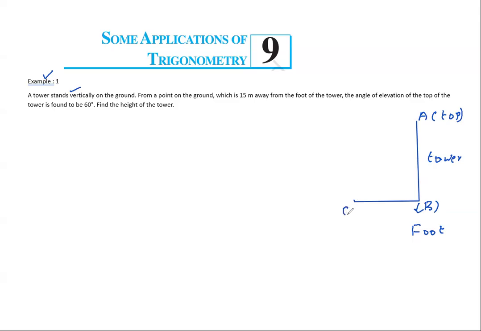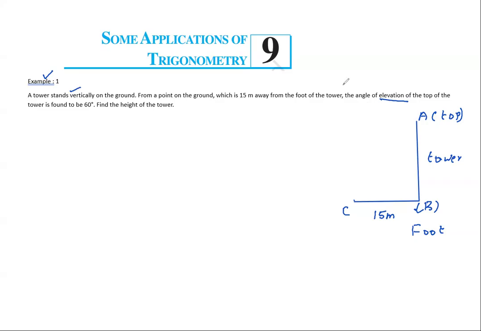Let me take this point. I'm going to name that one as C. So this is 15 meter. Now the angle of elevation. Angle of elevation means looking upward.